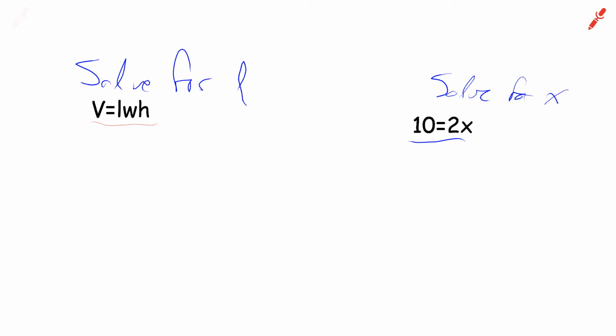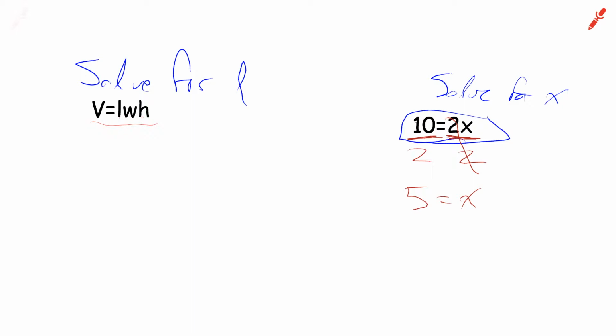So when I look over at this problem right here, in order to solve for X, what do I need to do? Well, hopefully we can all look at it and say, Mr. Kindle, we need to divide both sides by 2, because 2 and X are being multiplied. The 2's cancel, 10 divided by 2 is 5, and you get 5 equals X. So when I look over here, I see LWH.